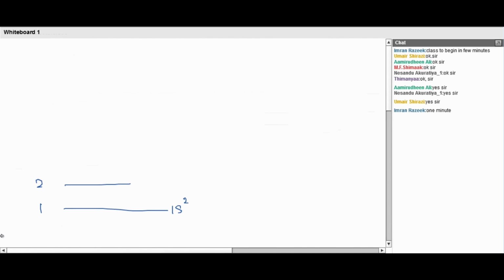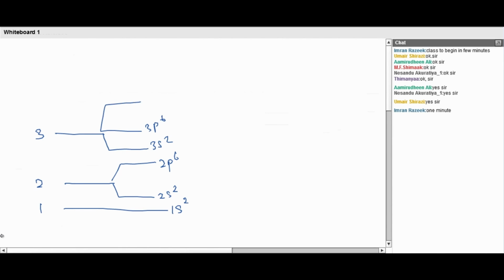Then you have 2s2, 2p6, and you get 3s2, 3p6, 3d10. Then the fourth one, you have 4s2, 4p6, 4d10 and 4f14.